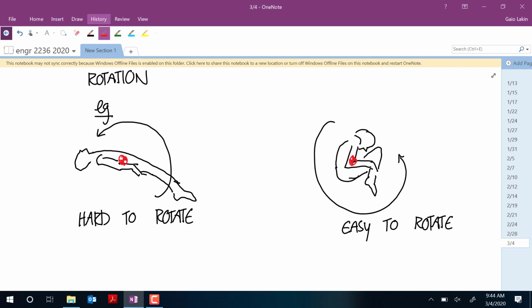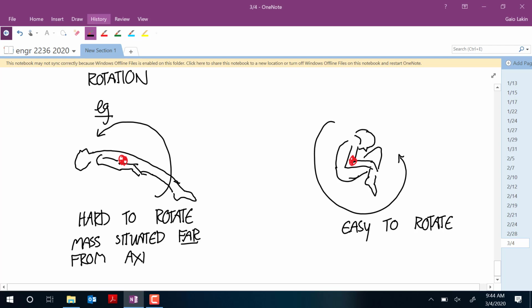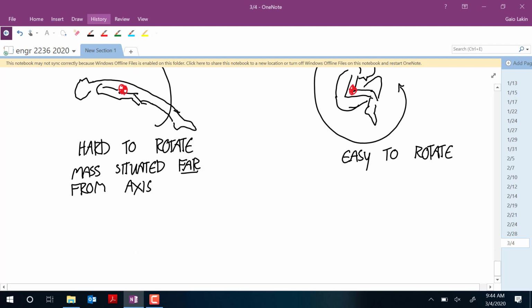Okay, so in this case, mass is situated far from the axis. And so that is a big mass moment of inertia.